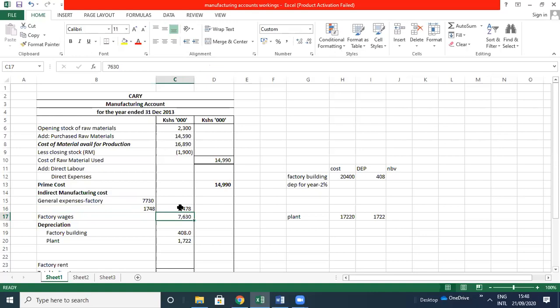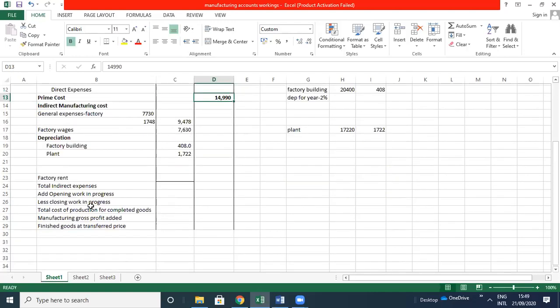Look at the factory wages, and you tell me whether we have additional information on it. That one doesn't have any additional information, and therefore it is important that you are able to revisit the additional information so that you tell me where we are getting it.